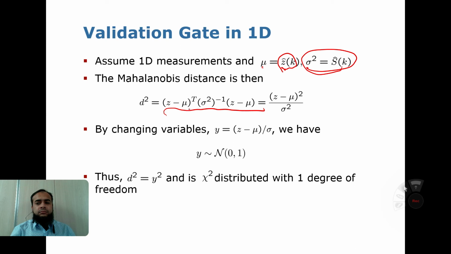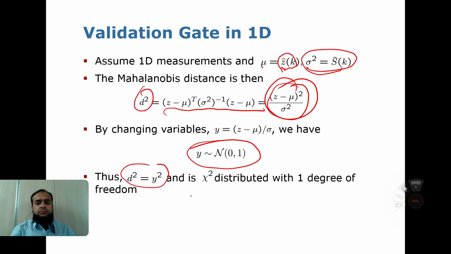By changing the variable y equals z minus nu over sigma, we have this. Here we can say that y is normalized with zero mean and unity covariance. So d equals y squared, and it is chi-distributed with 1 degree of freedom.